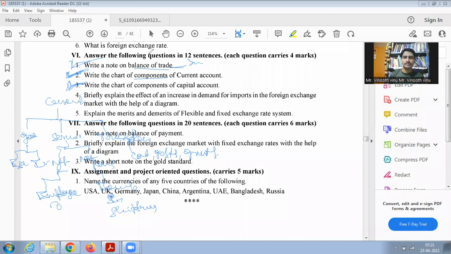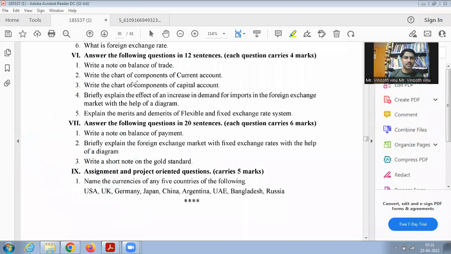Next, chart of components of capital account. Capital account covers investments, foreign investment, loans, and interest payments. Under foreign investment, there are two types: direct investment and portfolio investment.